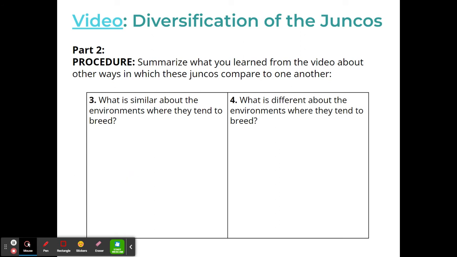Now, we watched a little section of a video and we looked at the environment in which all of these juncos live. And we were looking for similarities and differences about the environments that they tend to breed. What we saw from the video is that they tend to breed in wooded, forested areas, where, of course, they're going to have protection from predators and also access to food and water resources.